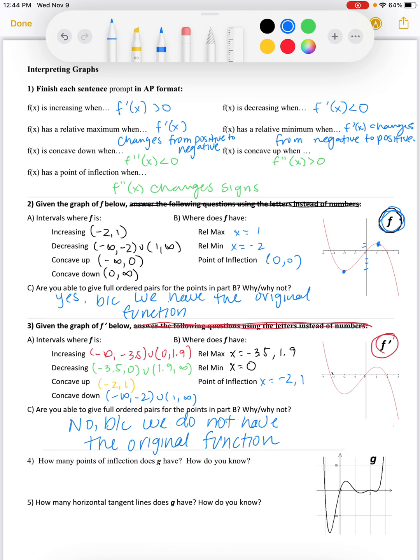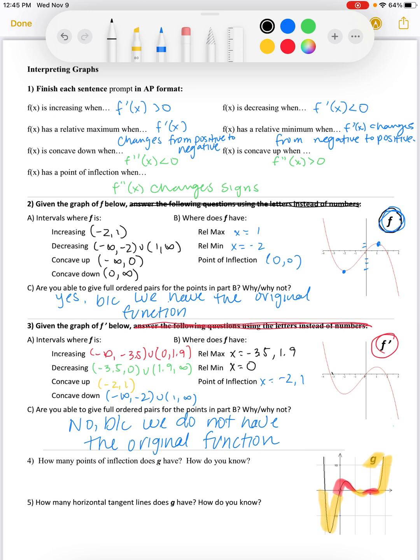All right, next one. We're just looking at the graph, actually, exactly as we see it. This is g of x, not the derivative of anything. So we're just looking for how many points of inflection this would have. So I'm just going to look at the concavity. This is concave up. Then this portion is concave down. And then I have a little bit that's concave up, and then a little bit that's concave down, tiny, tiny piece, and then it switches again back to being concave up.